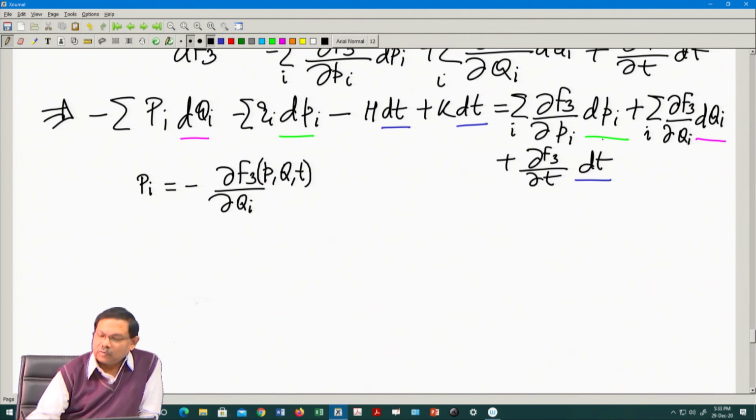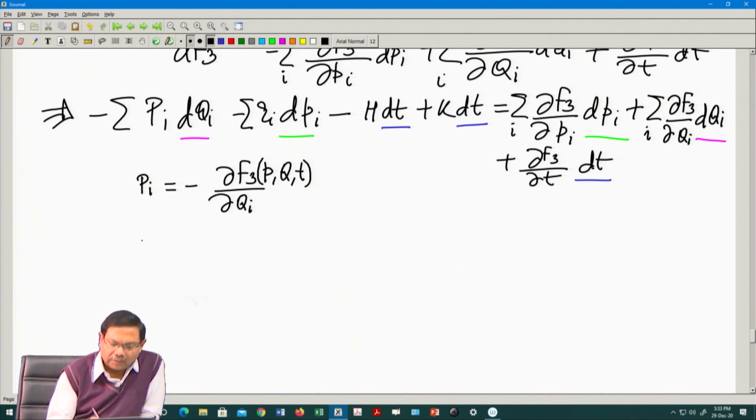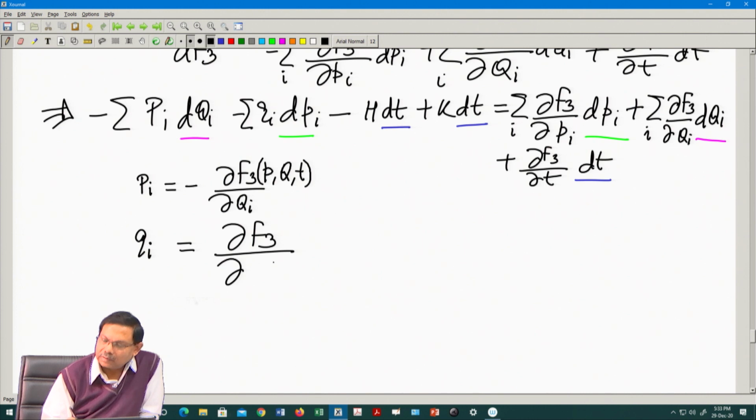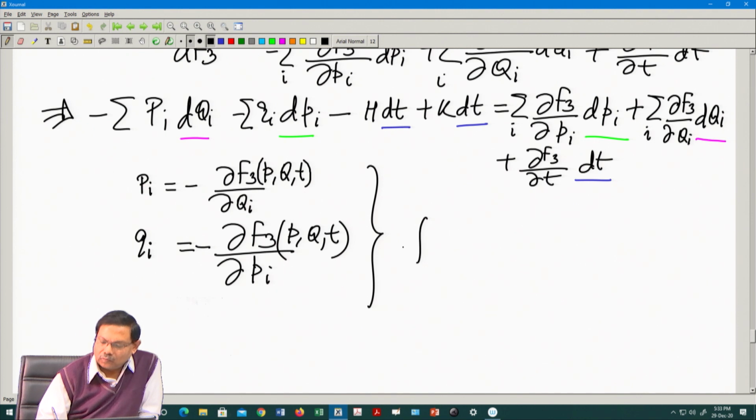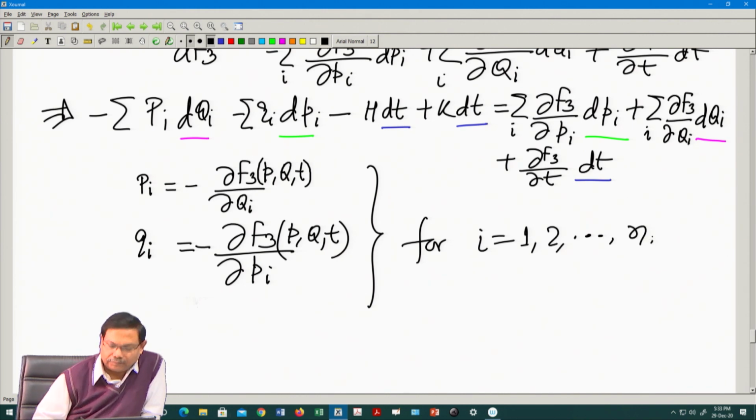Now, we take the coefficients of the differential dp_i, then we get the old coordinate in terms of this generating function, this is q_i, and again with a minus sign, this is a function of p, Q, t for i from 1 to n.